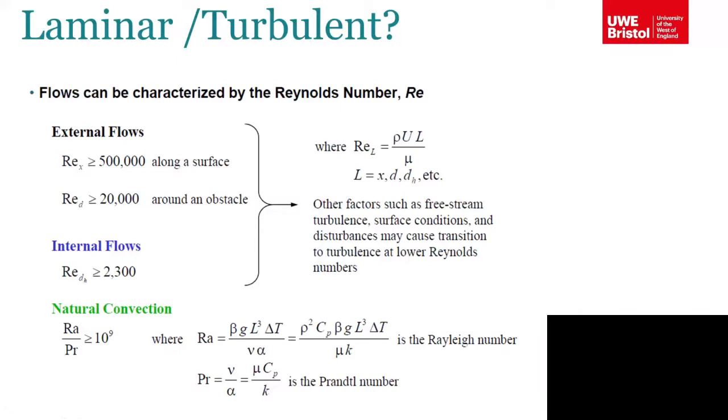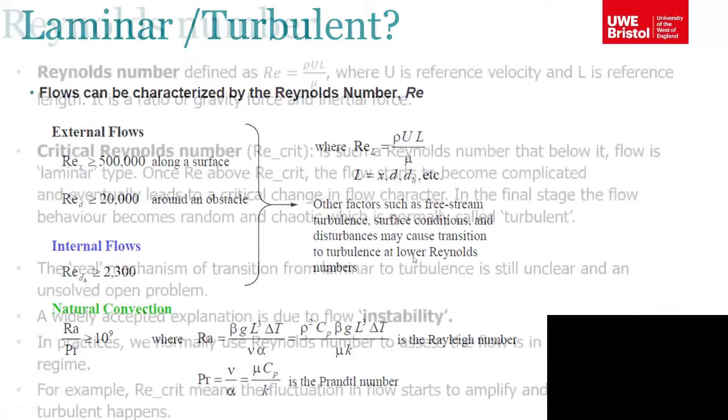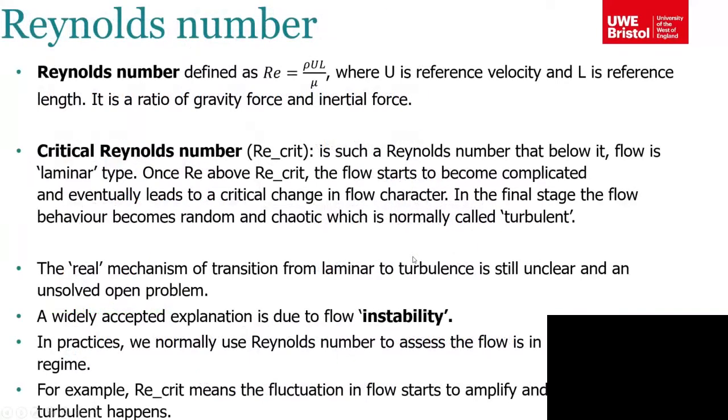For natural convection, you define what is called the Rayleigh number, and then you have the Prandtl number as well. Reynolds number is defined as Re equals rho u L over mu.